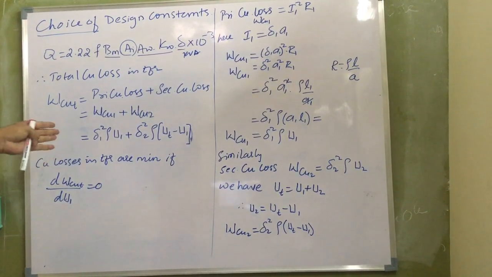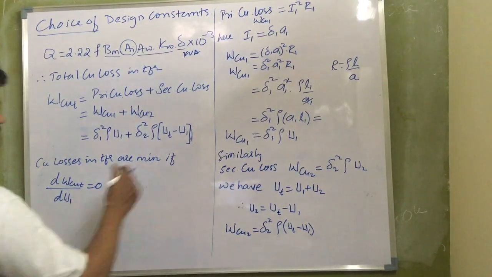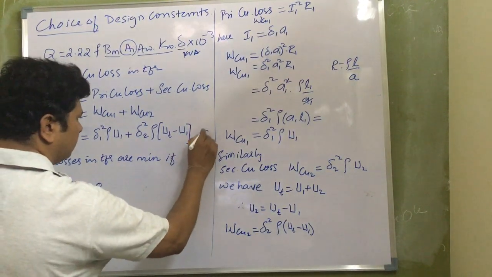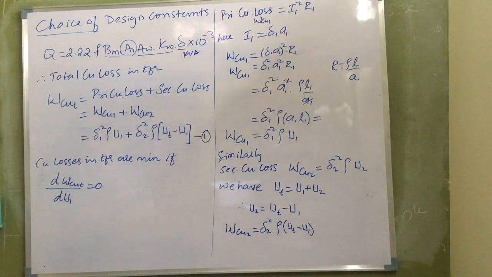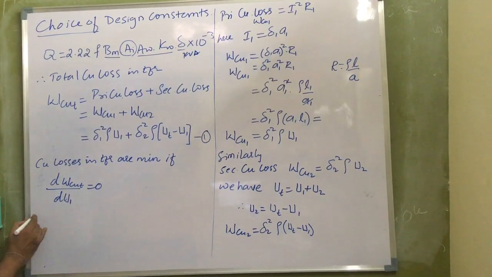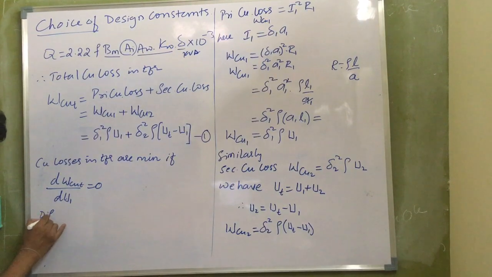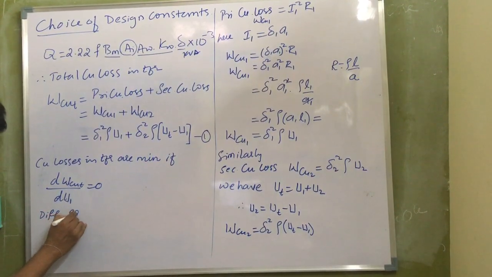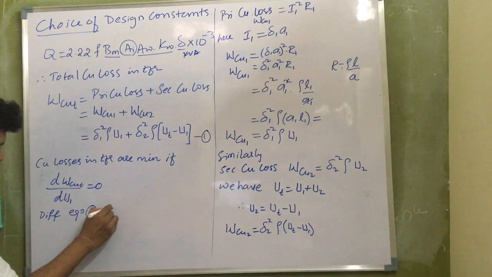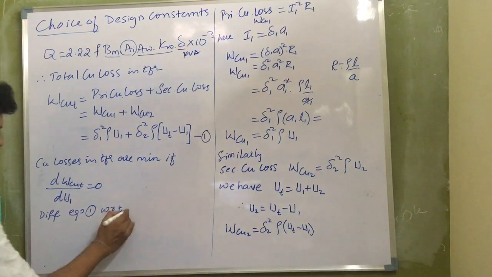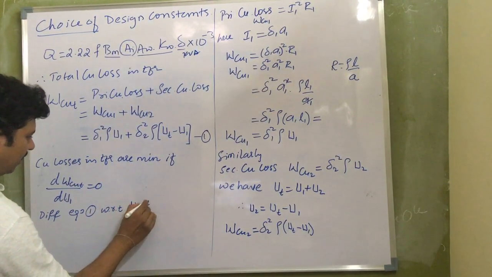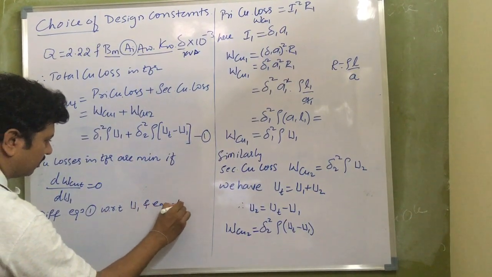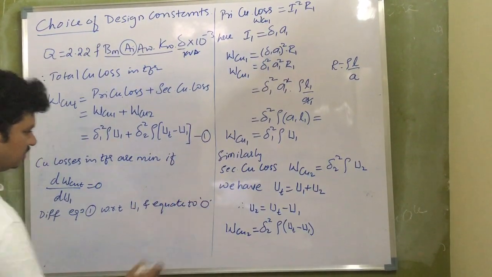If I do this with respect to this equation, take this as equation 1, then I may get a condition that will give us the minimum copper losses. So now differentiate equation 1 with respect to U1 and equate to 0.